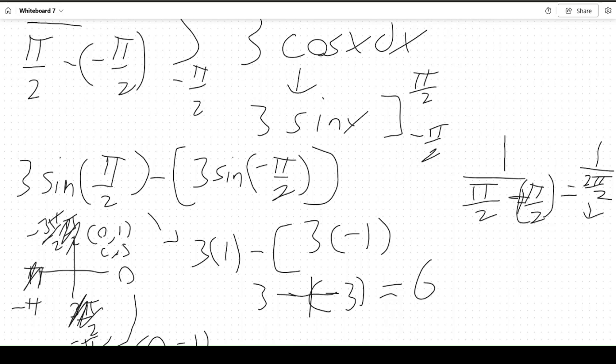The 2's will cancel out, giving 1 over pi. And multiplying this times 6, the final answer would be 6 over pi. And that is the average value of the function.